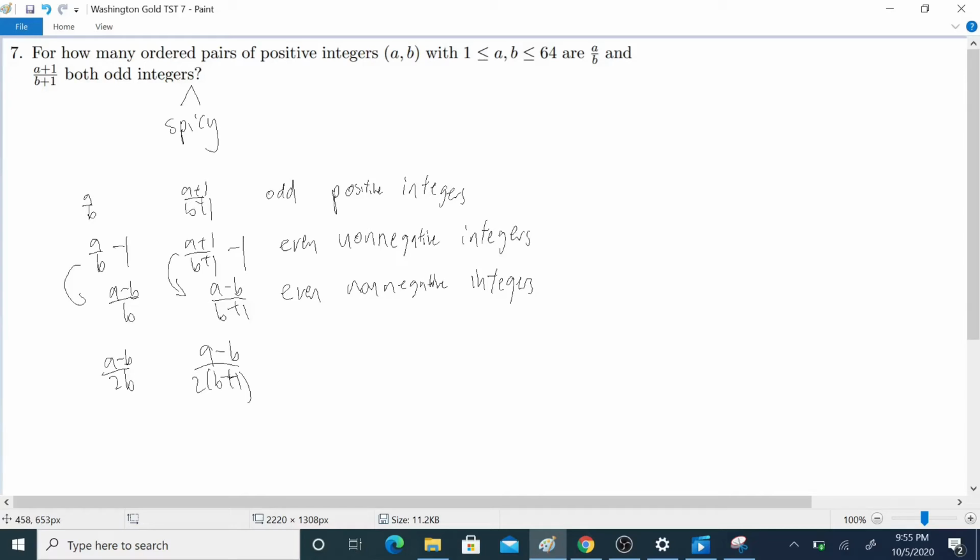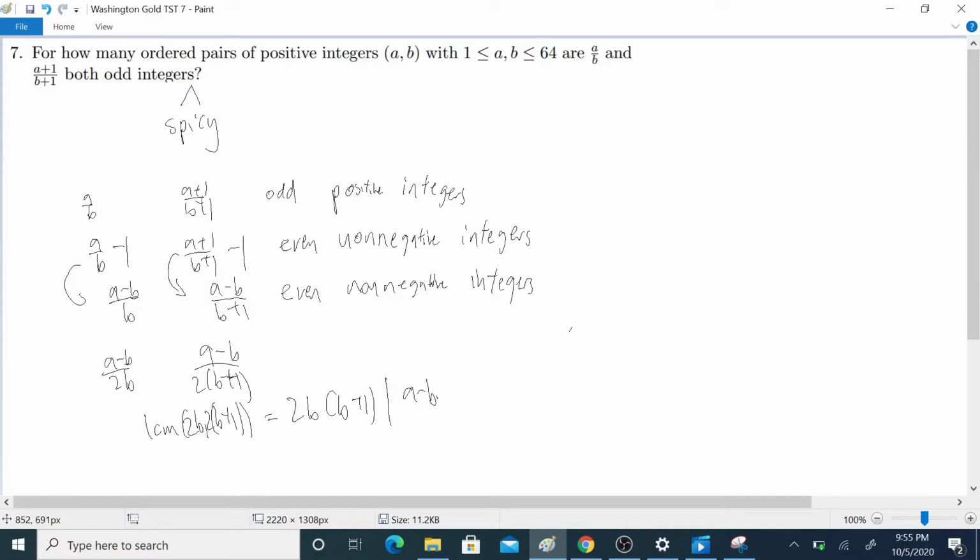Since we can easily calculate the LCM of 2b and 2(b+1) to be 2b(b+1), and 2b divides a−b and 2(b+1) divides a−b, then 2b(b+1) also divides a−b.